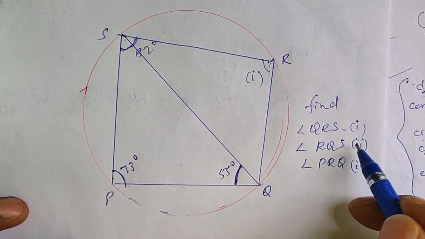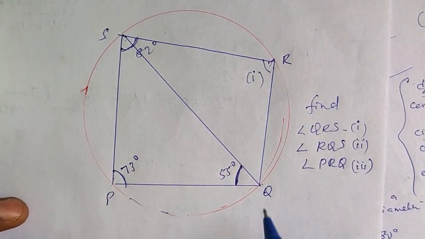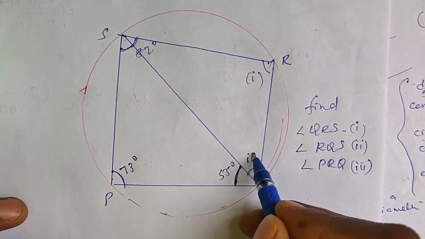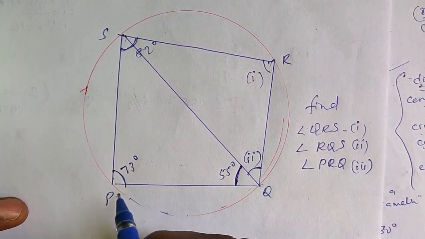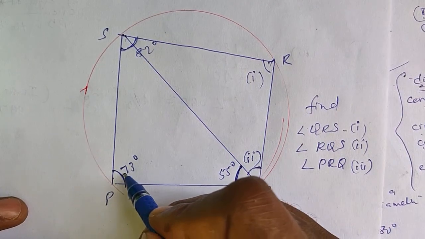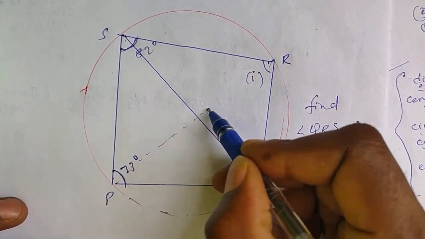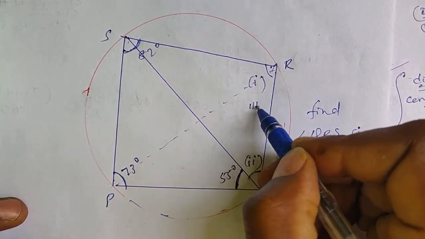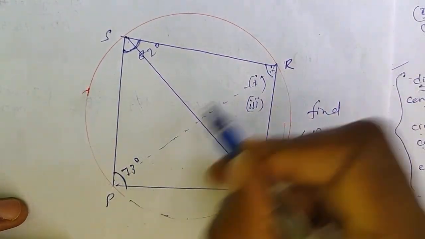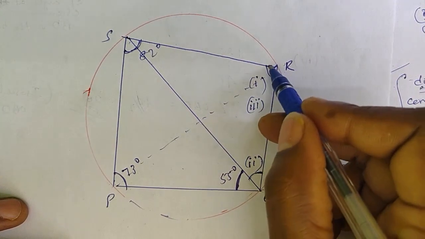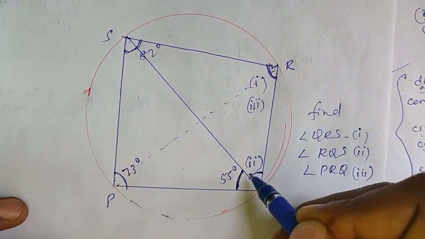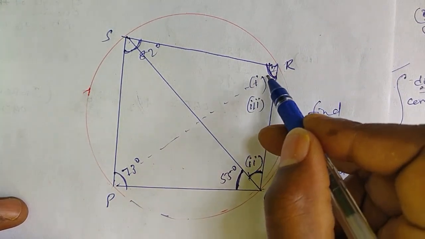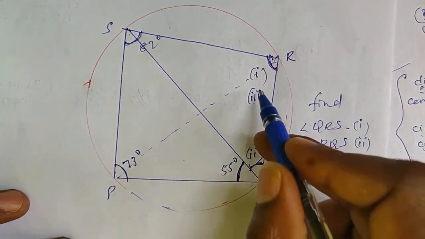Second one is RQS. This is the second sub question, and PRQ. PRQ is not there, you connect like this. PRQ is the third sub question.